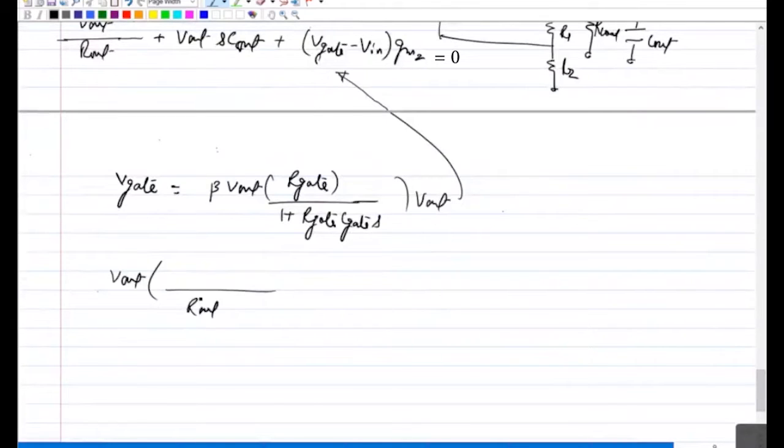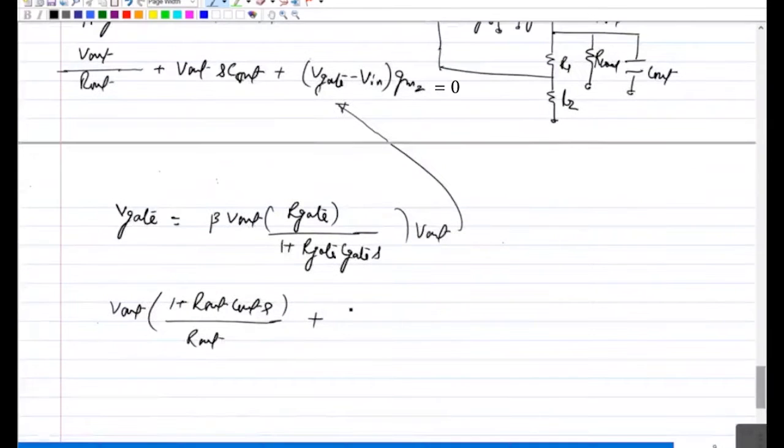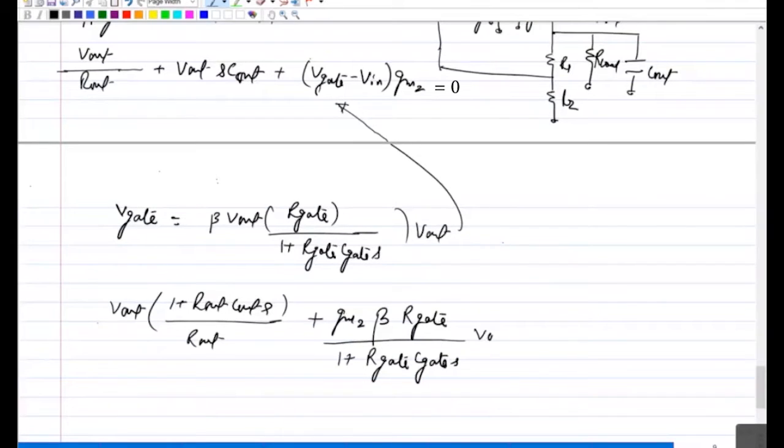R out comes here: 1 plus R out C out S, plus gm2 beta R gate divided by 1 plus R gate C gate S, equal to gm2 V in.